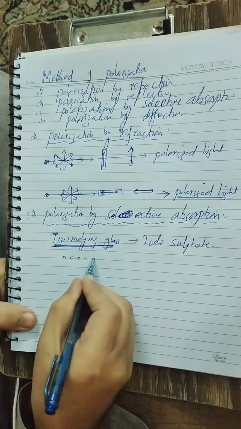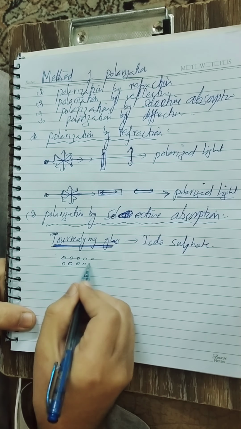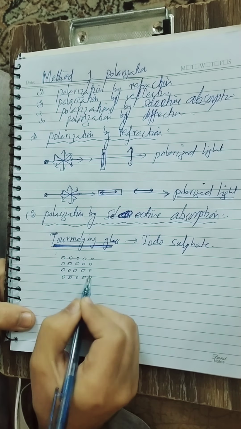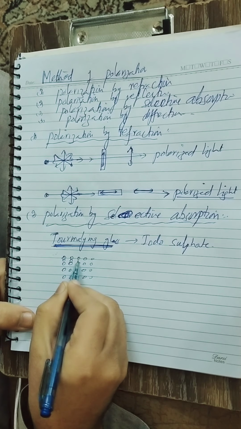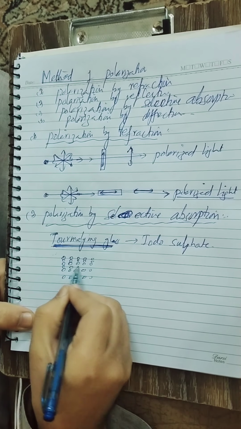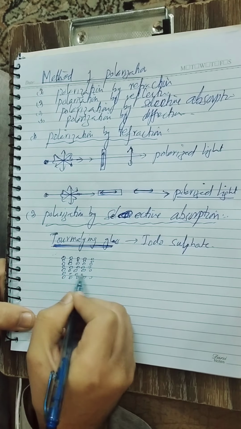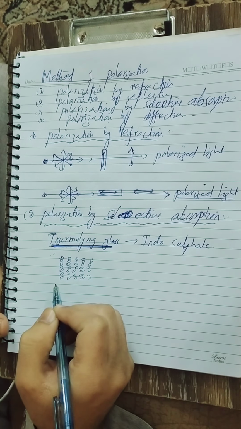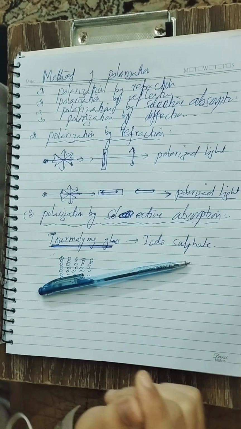Suppose we have a glass, look at this glass carefully. These are the molecules in the tourmaline glass. Okay, so we have two types of vibration. One is the vertical vibration. Wait a minute, I am taking another pen.